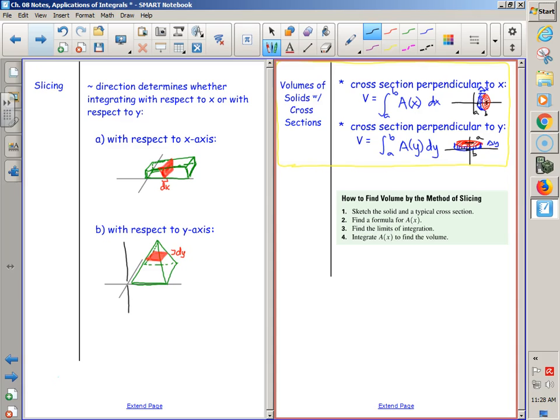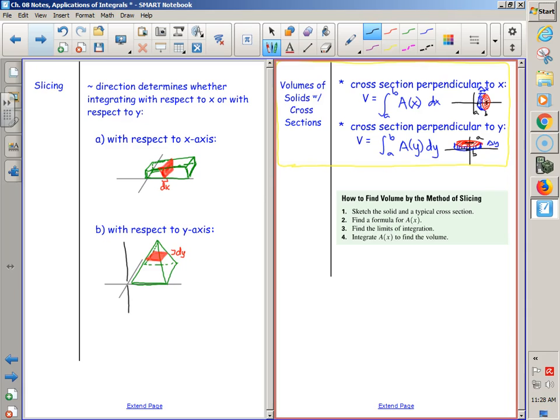Whenever you're slicing perpendicular to the x, you're slicing down, the area is down, and the area that's perpendicular to the x needs a dx or a delta x depth. It's very visual. It should visually make sense if you're a visual person. If not, okay, memorize. There you go. You see perpendicular to the x, you better make it dx.